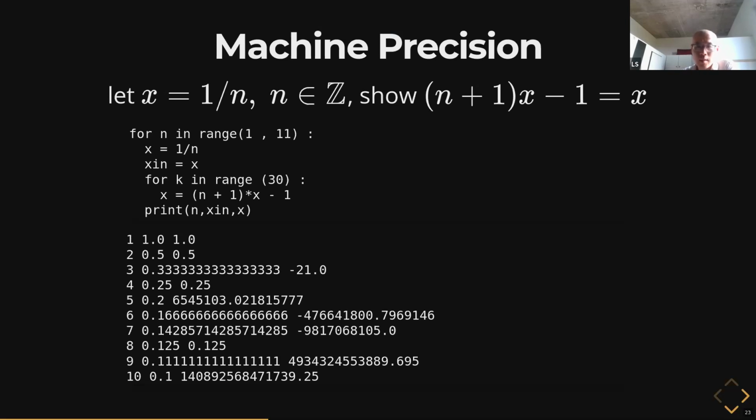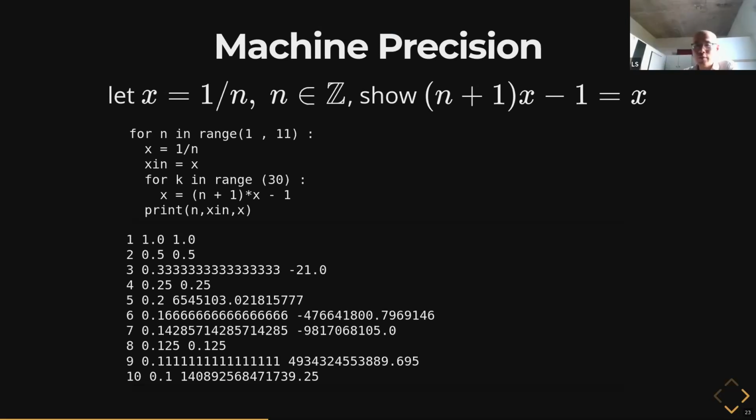That's basically it. Then I want to show there's a relationship, which is (n plus 1) times x minus 1 equals x. Is that relationship self-evident to everyone? Does the equation make sense? Yeah, it's the inverse.